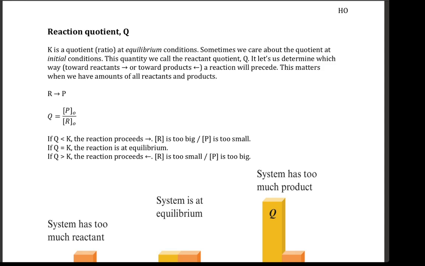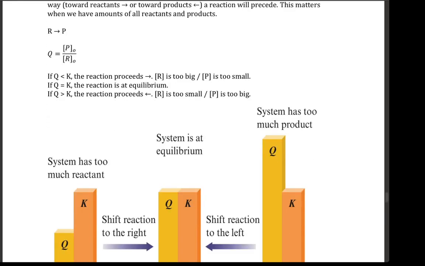So given a reaction with amounts of all reactants and products, we compare Q to K, and then we know which way the reaction proceeds.